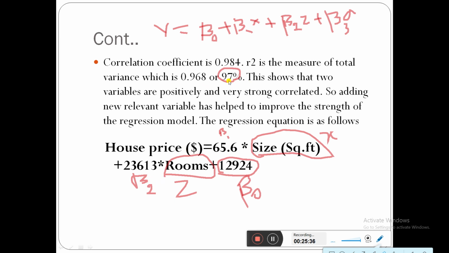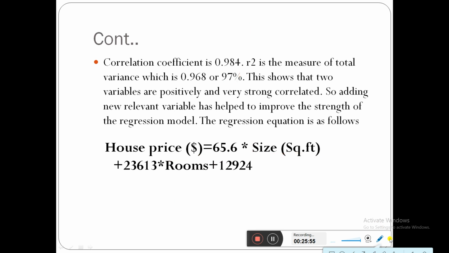If it is less, you are not going to add that variable to this regression equation. You have to see this value and decide whether to add this variable or not. Got to know how exactly it works. Then we'll move to the next one.